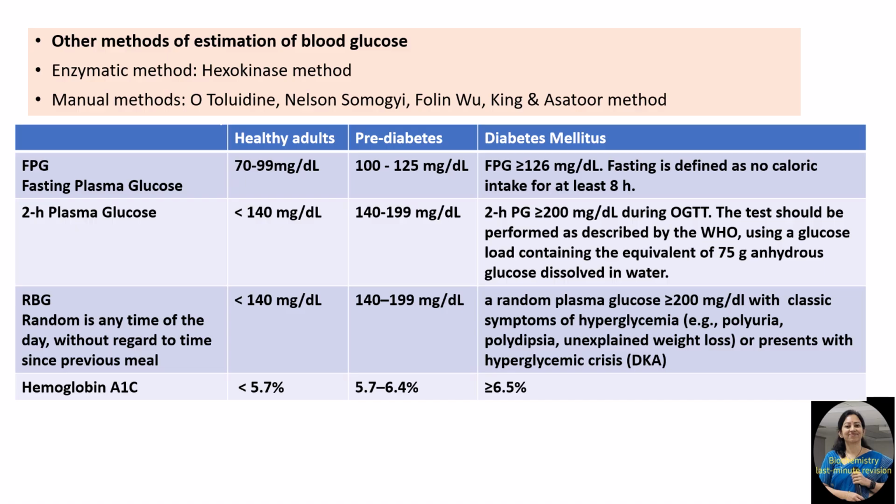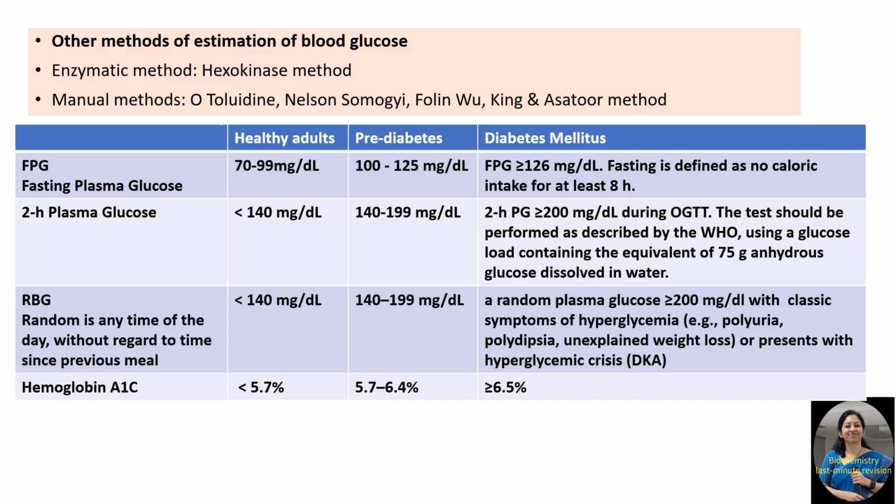Here, after the patient gives the fasting sample, the patient is sent back home, allowed to have a regular breakfast, whatever he or she regularly consumes, then 2 hours later comes back to the lab to give the sample for blood glucose or plasma glucose estimation. So that is post-prandial, and this is how it differs from 2-hour plasma glucose.